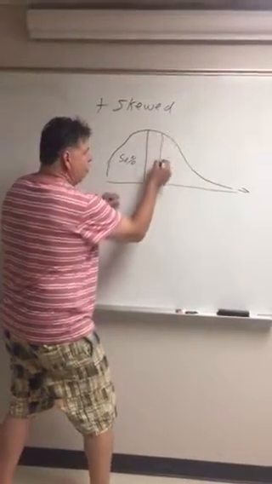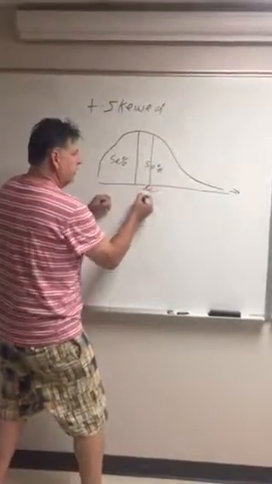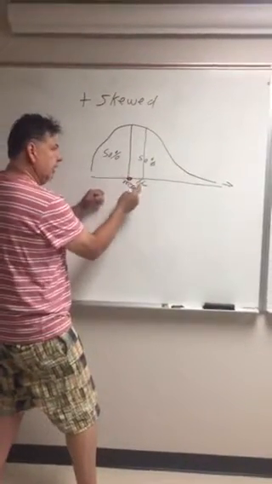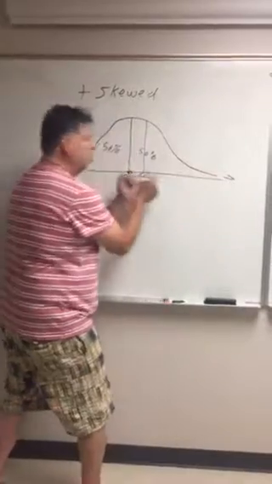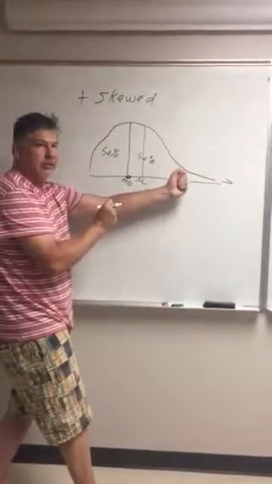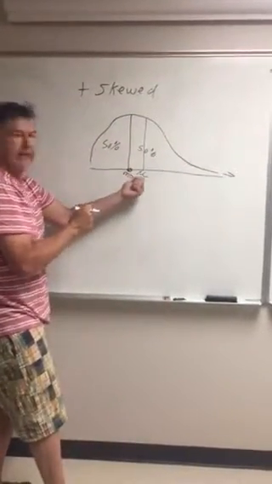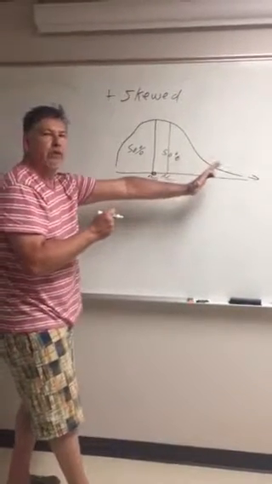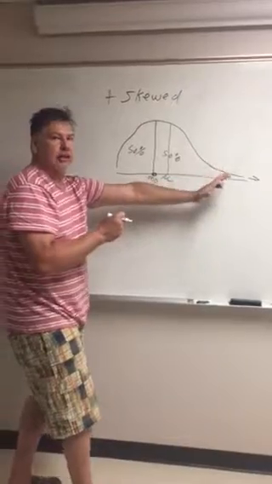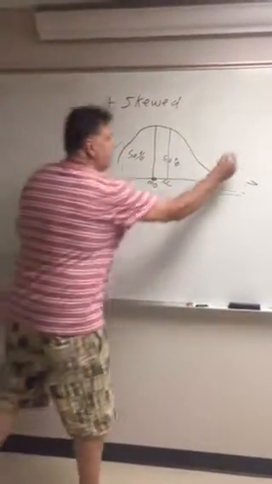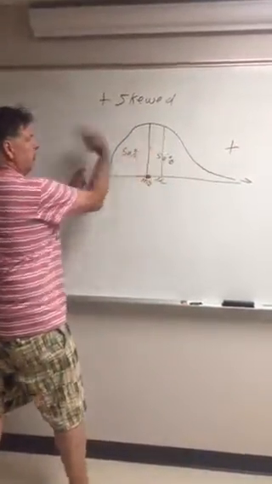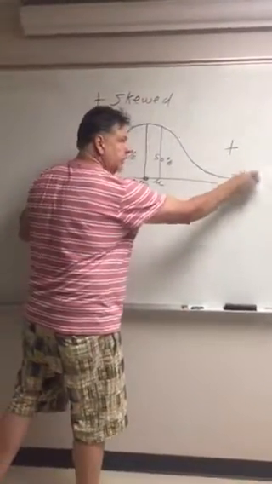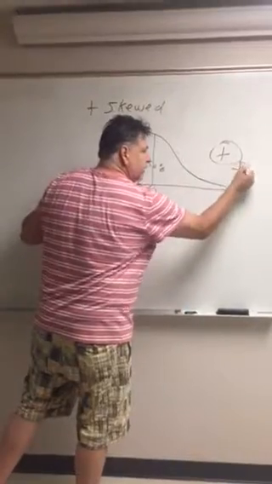So my mean may be way over here, with my median being exactly in the middle, but the extreme scores are pulling the mean in that direction. So a lot of times the mean is not a good indicator of the true average, since it's being pulled in a direction caused by extreme scores. So positive side of the distribution, negative side of the distribution, the pointy end is over here, so it's going to be positively skewed.